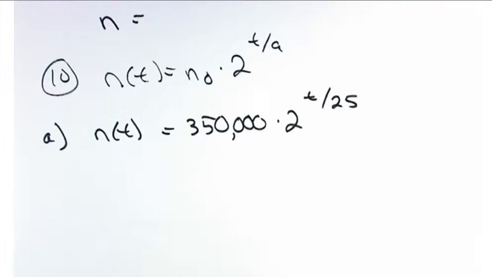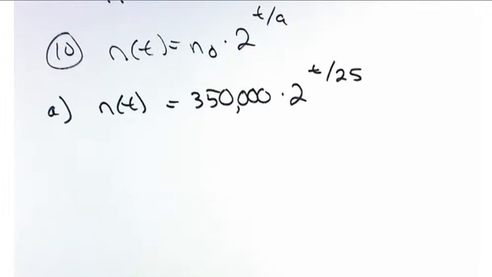The second one is going to require a little bit of work. And actually, for the first time, we're going to have to do some work with logarithms, because we're trying to find an exponential model for the population.